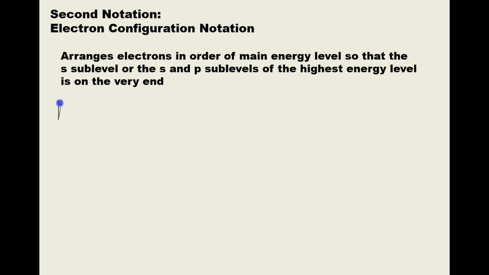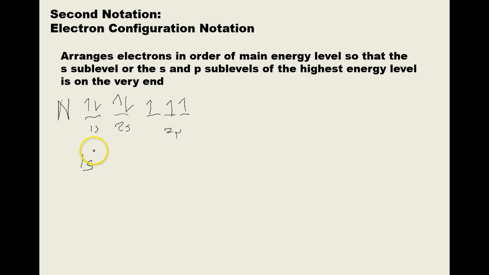Let's look at nitrogen again, and very quickly we saw that there were 2 electrons in the 1s, we had 2 electrons in the 2s, and then we had 3 electrons in the 2p, 1 in each of those orbitals. That's orbital notation. In the electron configuration notation, now we write the energy level, the sublevel, and then we superscript the number of electrons that are in that sublevel.